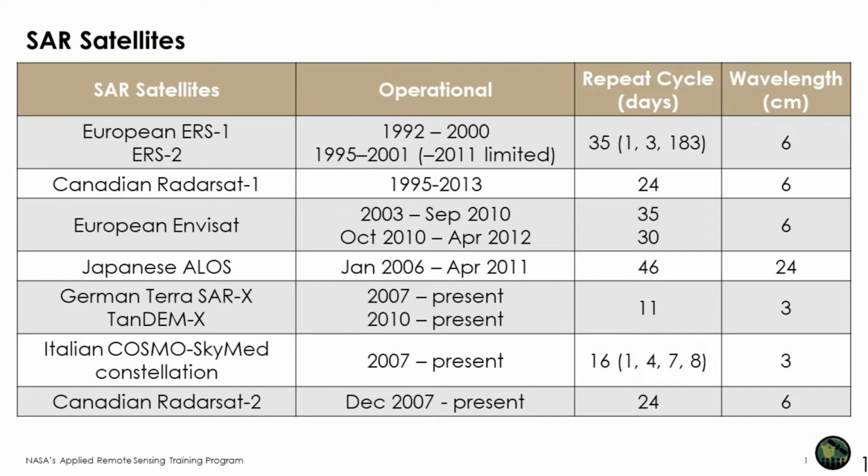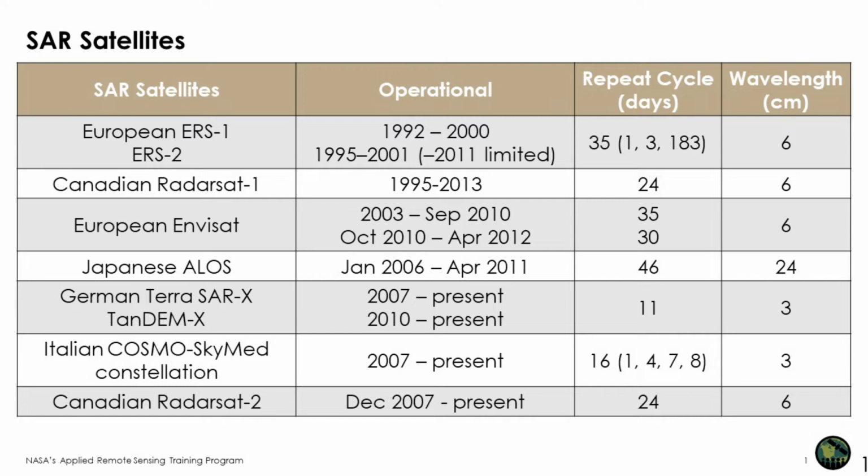That data is largely available over the Americas. The ALOS data of almost all of the Americas is available from the NASA Alaska Satellite Facility, and over Europe and Africa, it's available from the European Space Agency. In other parts of the world, it's somewhat less available because JAXA hasn't been able to put it online.